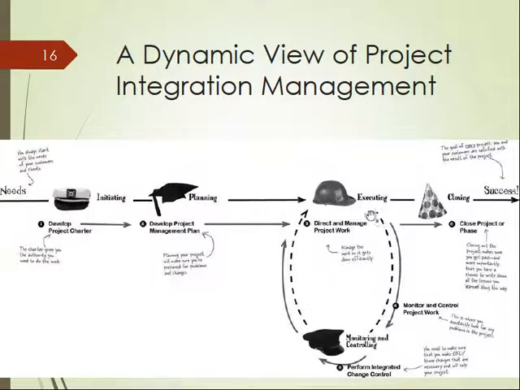And this loop here shows something very common in project management. That is, you would start from some initial activities, and then you do planning and you execute your plan. And after that, you would monitor your own progress and try to control.